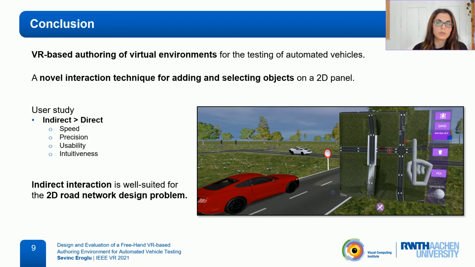The result showed that our indirect technique outperforms the direct interaction in terms of speed and precision, as well as usability and intuitiveness. We believe that our technique performed particularly well for this task since it addresses the 2D nature of the road network design problem.